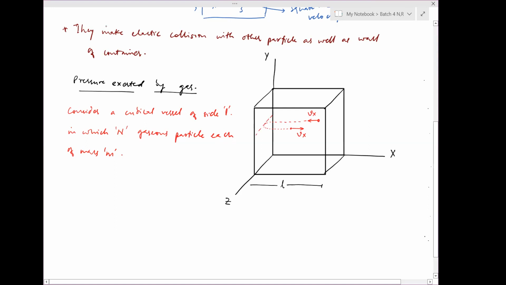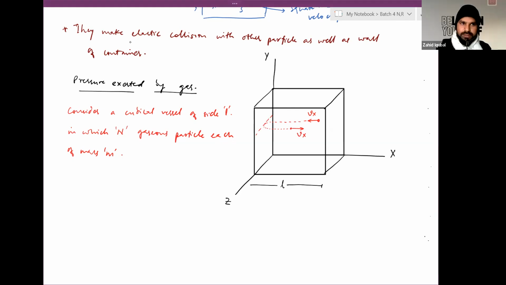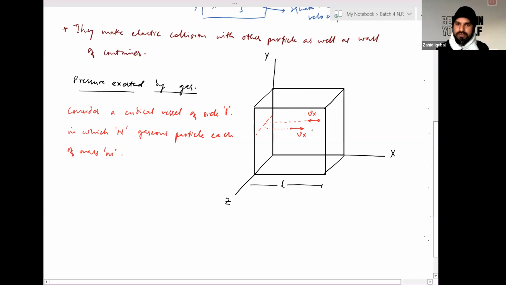Yes, sir. During this collision, first we have to calculate how much the change in linear momentum will be. Delta P equals P final minus P initial.